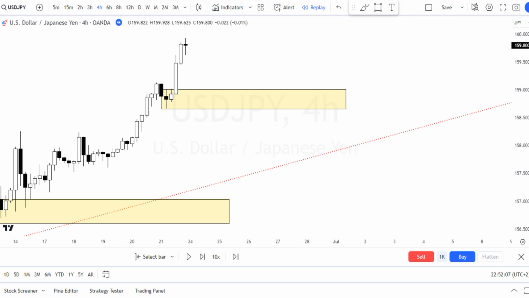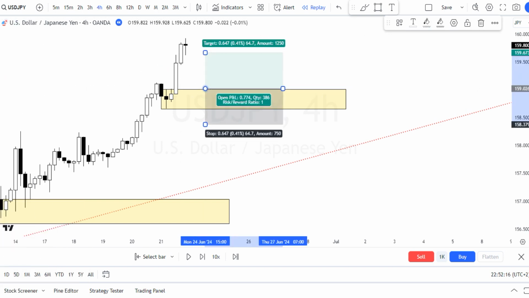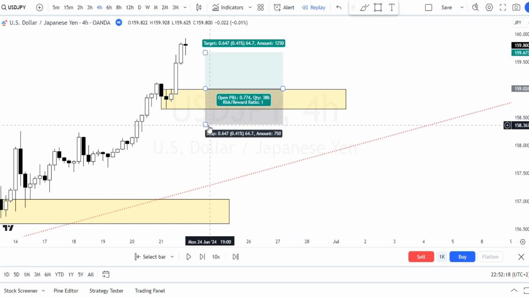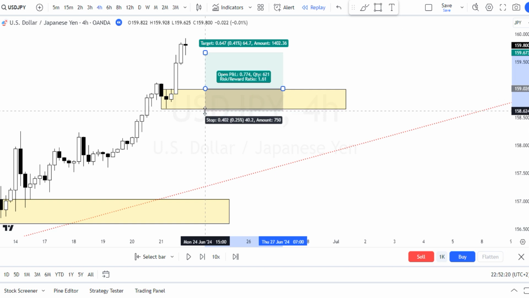Because of these two ERC candles, ERC 1 and ERC 2, I placed the order just right here, like this.